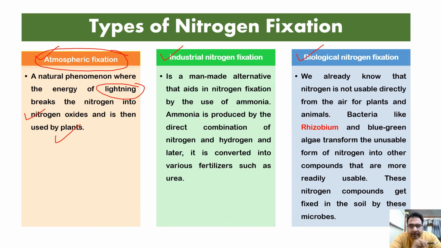Then the second is industrial nitrogen fixation. It is the man-made alternative that aids in nitrogen fixation by the use of ammonia. So it is an anthropogenic process.